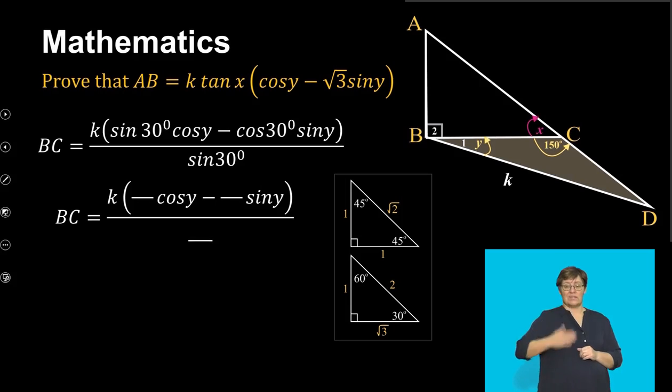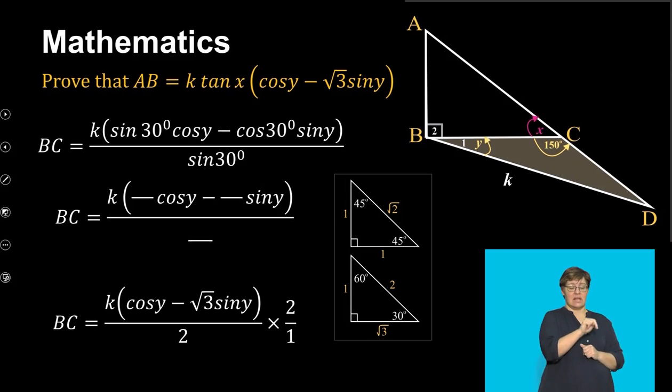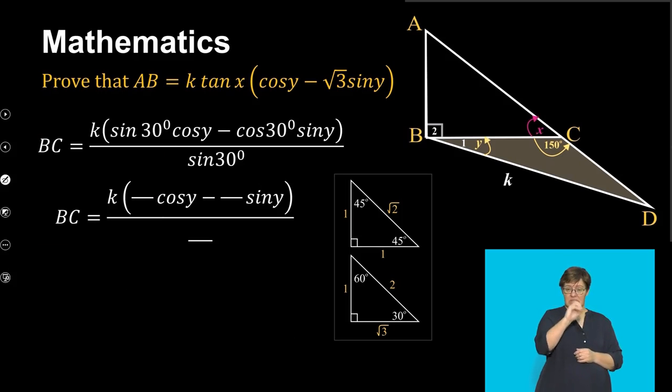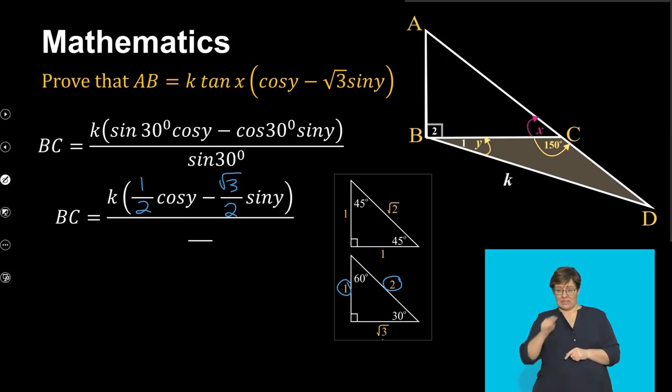Sine of 30 is opposite over hypotenuse, so it's going to be 1 over 2. Cos of 30 is adjacent over hypotenuse, so it's going to be root 3 over 2. And sine of 30, again, is going to be a half. So for the denominator, we've got a half again.